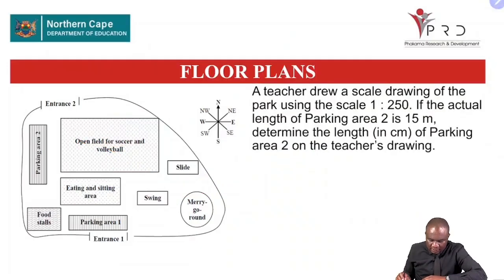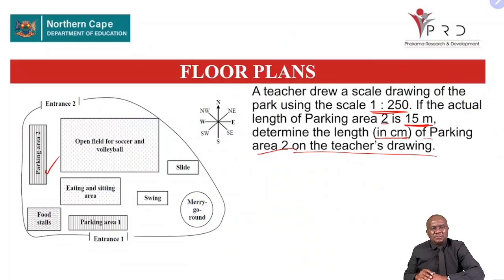And then a teacher drew a scale drawing of the park using a scale 1:250. If the actual length of parking area 2 is 15 meters, determine the length in centimeters of parking area 2 on the teacher's drawing. Can you try to do this?